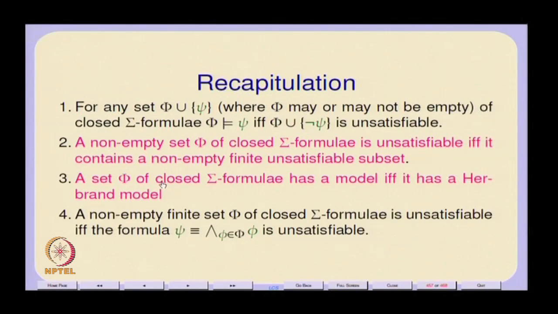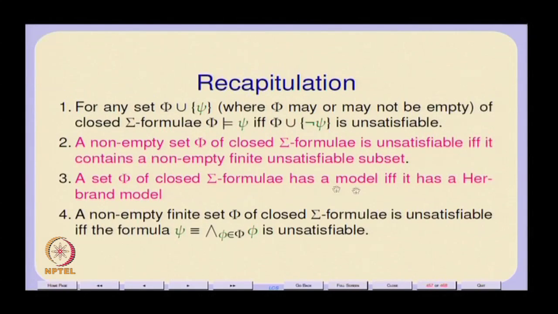And so what are Herbrand models? What Herbrand's theorem essentially says is that you take this set phi of closed sigma formulae, and all we need to do is to deal with the ground terms, the ground formulae, which are all quantifier free and variable free, and therefore essentially like propositions.